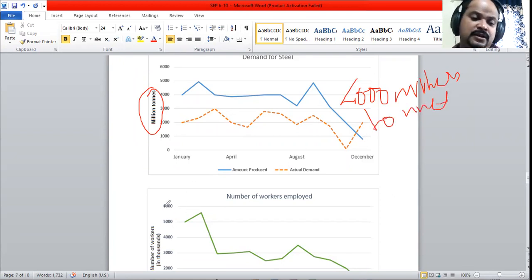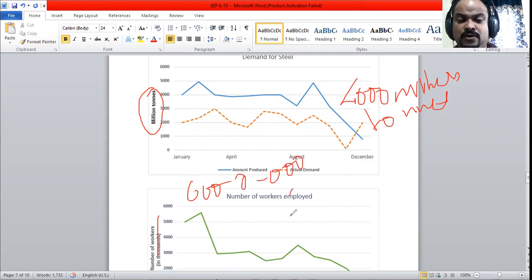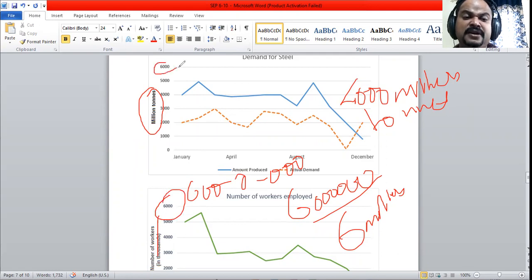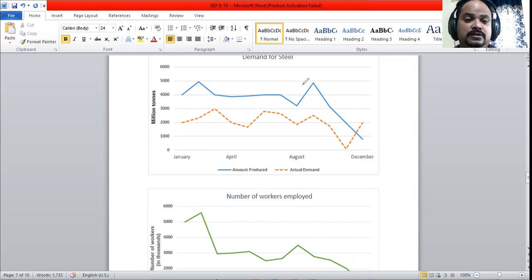This axis is number of workers in thousands. If it is 6,000, then I have to add another 3 zeros. So 1, 2, 3, 1, 2, 3. So we can say it is 6 million. So there are 6 million workers. This is the maximum. So this is another important area we need to mention.